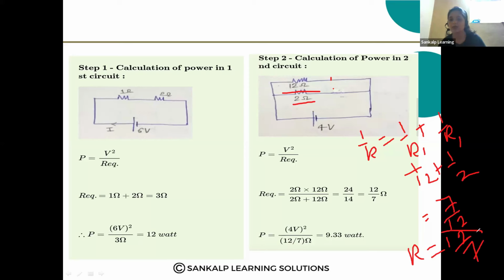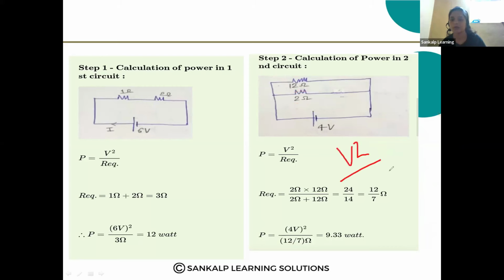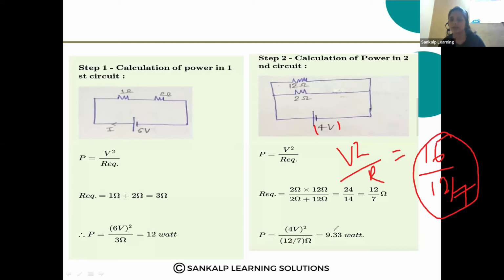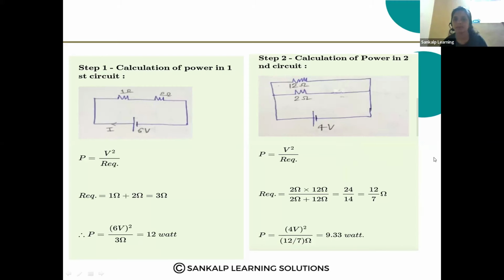So we know R. Again apply the same formula, V square by R parallel. V square is 4 square, because they have connected a 4 volt battery. That is 16 divided by R, that is 12 by 7. If you solve this, you get 9.33 watt. Check whether you get it. So that is how to solve this question. Okay, so note it down.